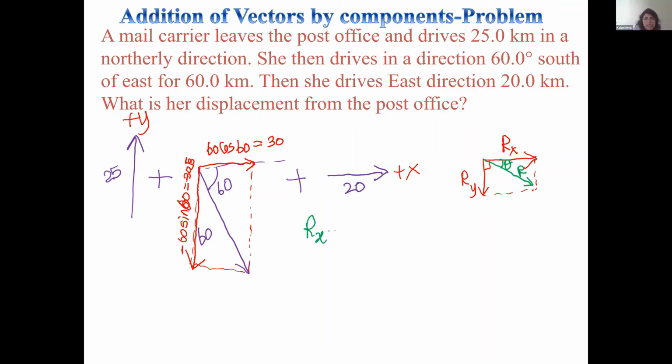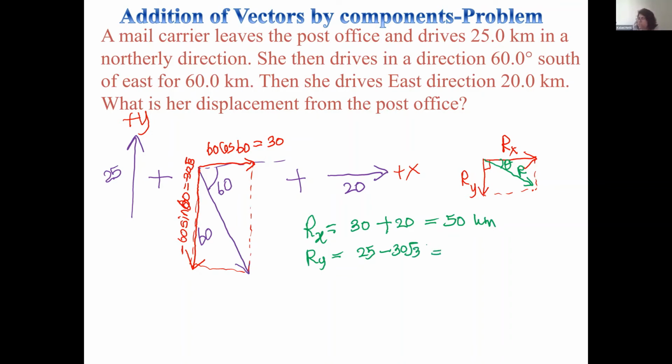Okay. So now we're going to write Rx and Ry first. What is my Rx? Rx is coming from the second vector and third vector. In the second vector I have 30 and in the third vector I have 20 in the x direction. That will give me 50 kilometers. And then for Ry, I have 25 in the y direction from the first vector, but I also have negative 30 root 3. And how much is this vector?